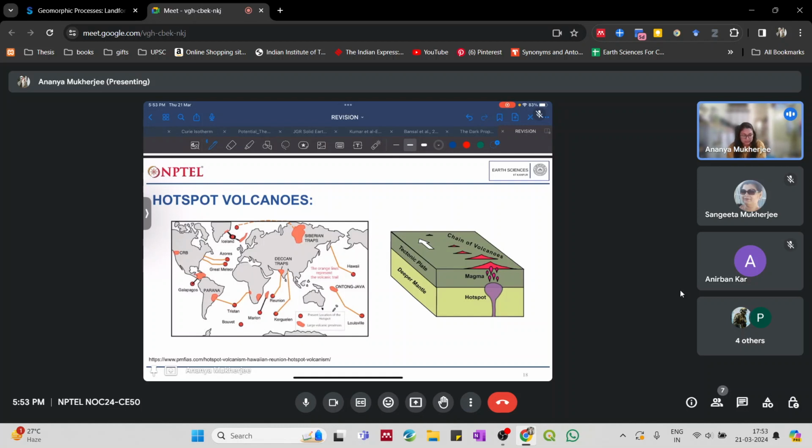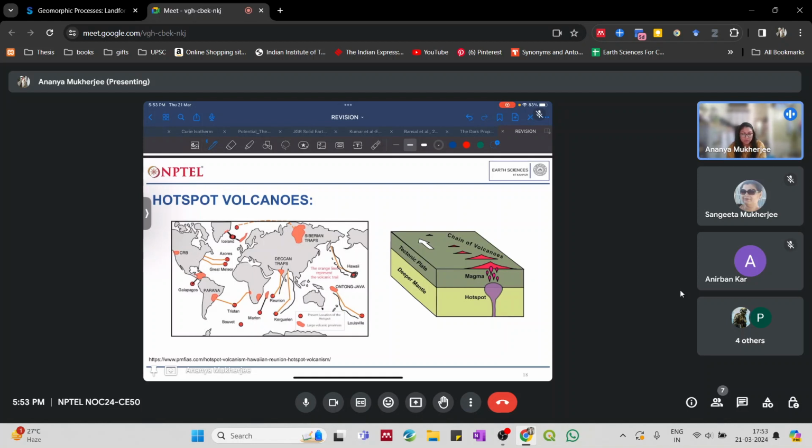Over here you can see the present spot where the hotspot is present and active, and this is the trajectory of the plate that consists of the Hawaii region, how it has deviated. Similarly over here you can see how the paths have been taken.